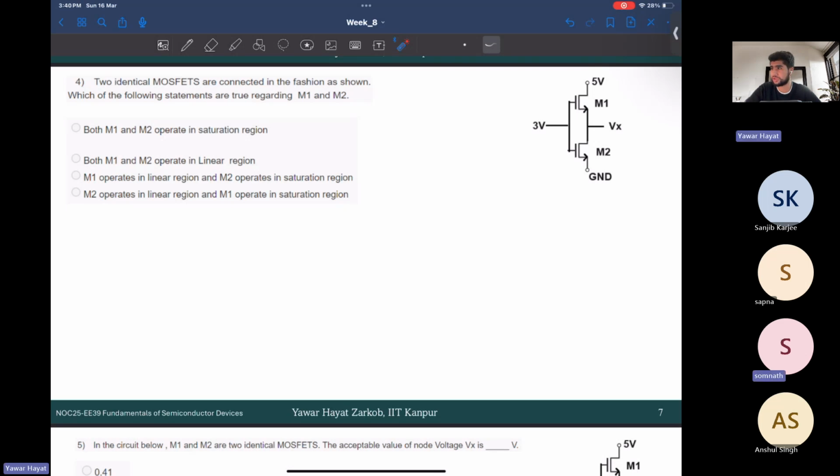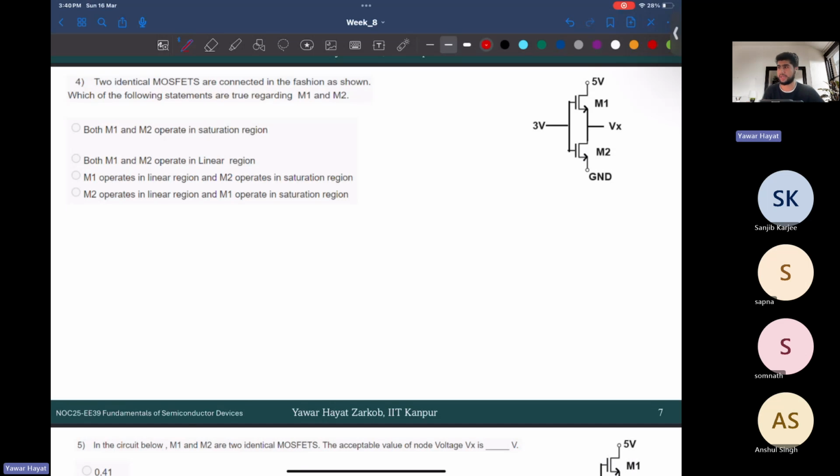Okay, so how will you proceed? Your M1 and M2 are in series, right? So the currents would be the same. The current flowing in M1 would be equal to the current flowing in M2.